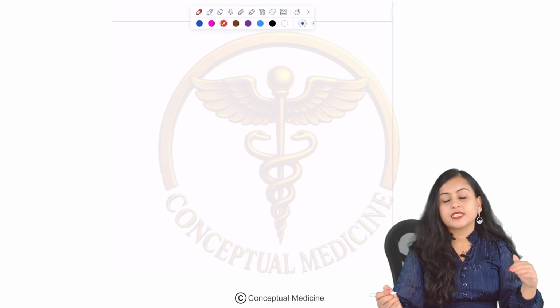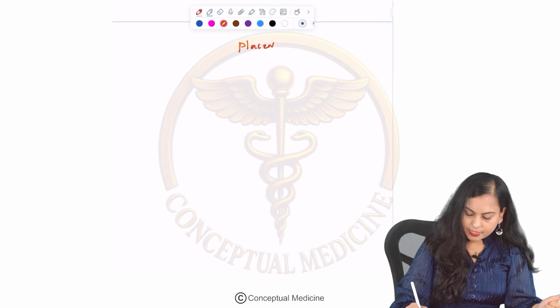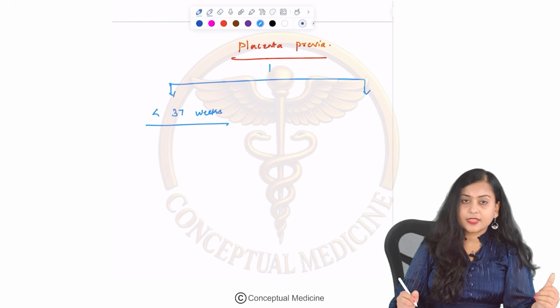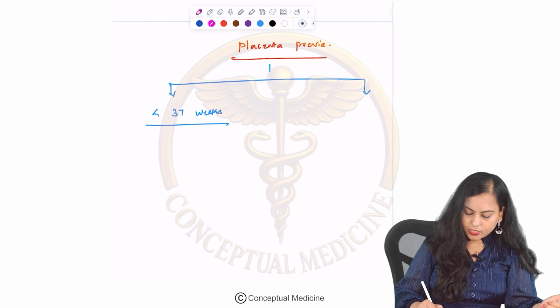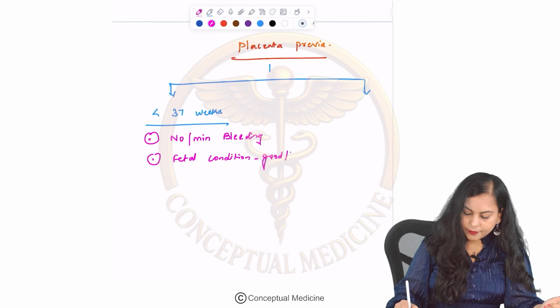Now, when you have a placenta previa case, how are you going to manage? First you have to check the gestational age. If it is less than 37 weeks, and the patient has no or minimal bleeding, that is, no active bleeding, then you have to check the fetal condition, which may be good or bad.